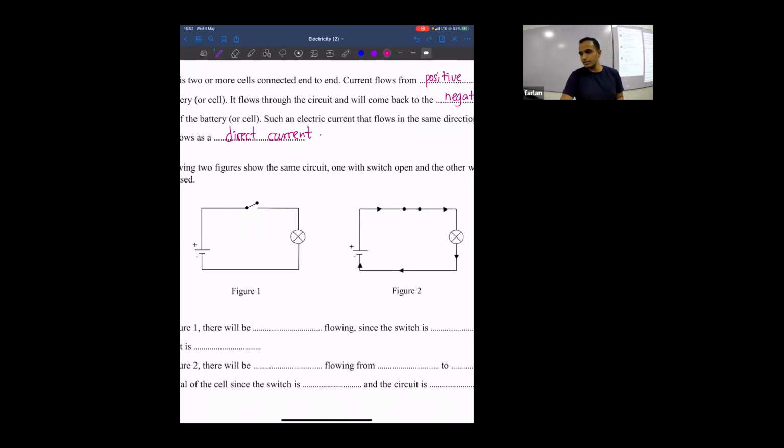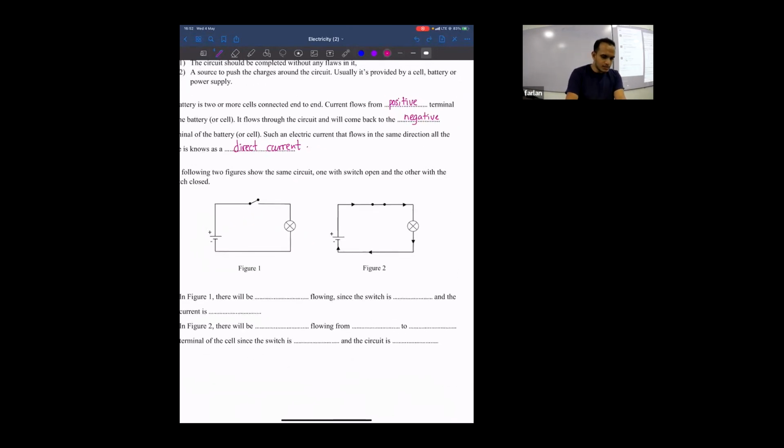In the second figure. So tell me, in this first figure, will there be a current flowing? No. Why not? Because there's a gap in the circuit. The circuit is incomplete. If the current is coming from the battery, after coming to this point, it can't continue. There's a break.